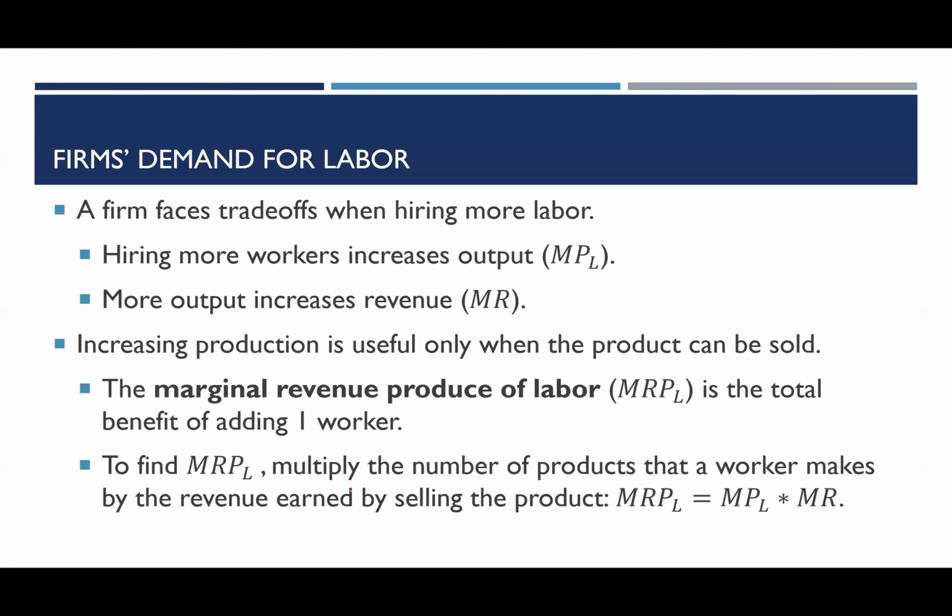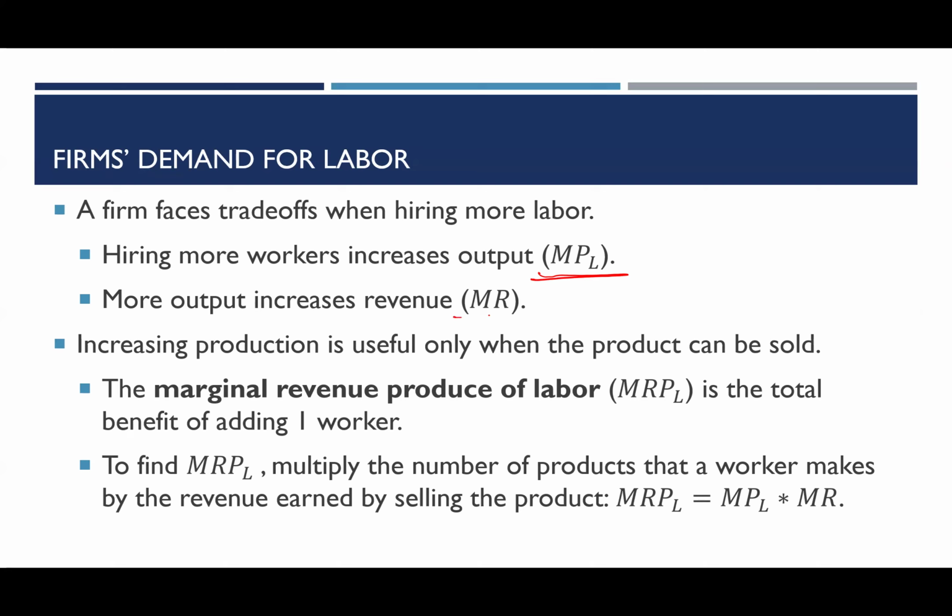When firms are deciding how much labor to hire, they face a fundamental trade-off in that they're only going to be willing to pay the worker how much they expect to gain from that person's work, right? So they're going to consider first how productive the worker is. They're going to consider their marginal productivity of labor.